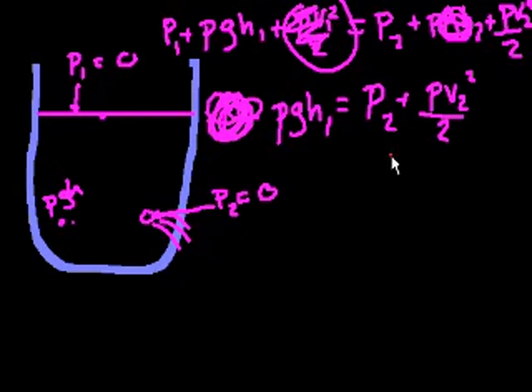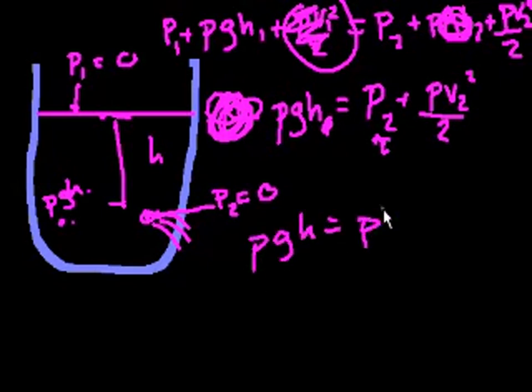And so the question is, what is the pressure here? And I said, well, this pressure is 0 because we have a vacuum here. If I were to say that the pressure at this hole is actually equal to rho GH, where this is H, then I would have the situation where rho GH is equal to rho GH plus rho V squared over 2.